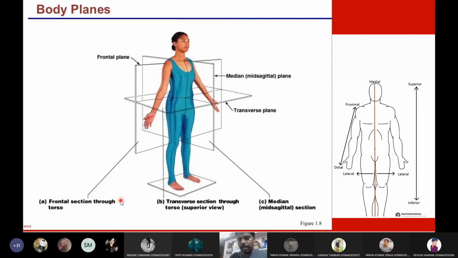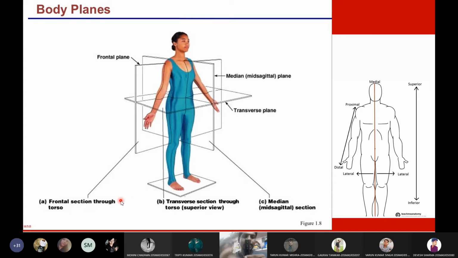See, let me open this. Now I will cut the body from the head, at the center of the head, like this. When I cut like this, the body will become two halves. The complete body will become two halves like this. Such a plane is called the frontal plane.